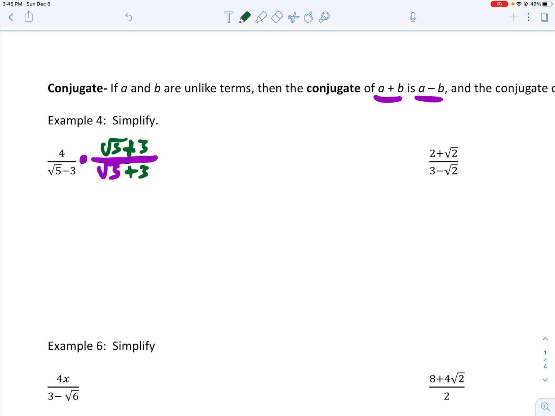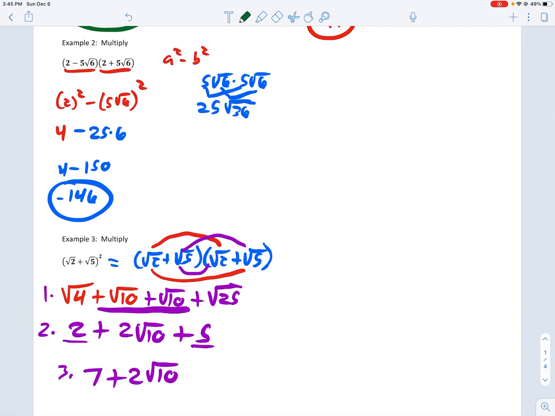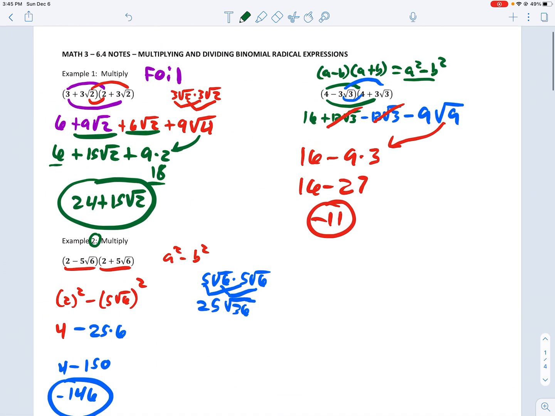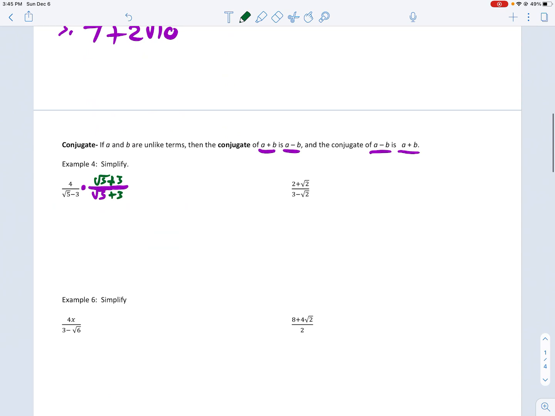So we're creating a difference of squares because notice every time we had a difference of squares, look at example 2, the second example in 1, both of those times we got rid of the radicals. So by creating that difference of squares, you're going to get rid of the radical in the denominator, which is what we want.